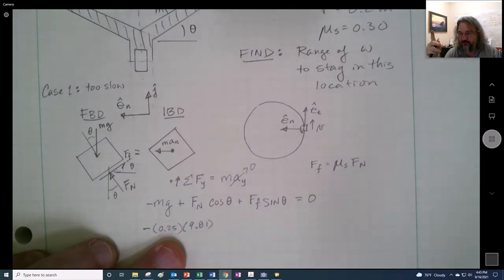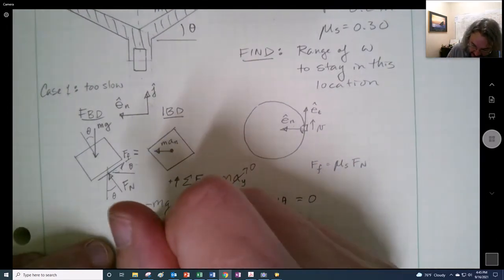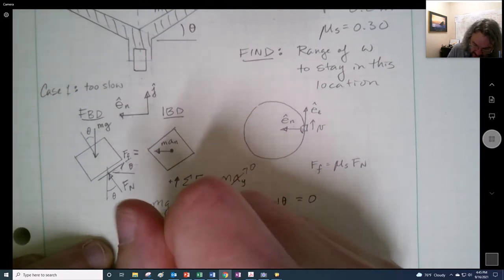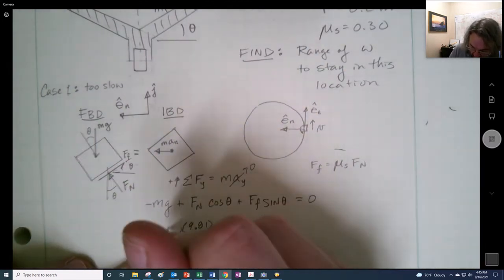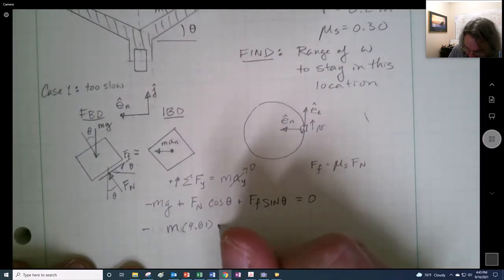If we worked it out with algebra, we would find the mass doesn't matter. In a problem like this, we would see that mass would cancel out. So I want to keep the mass in there just to demonstrate this. I could put a value in there, but I'm going to leave it as a variable to demonstrate that it will cancel out.